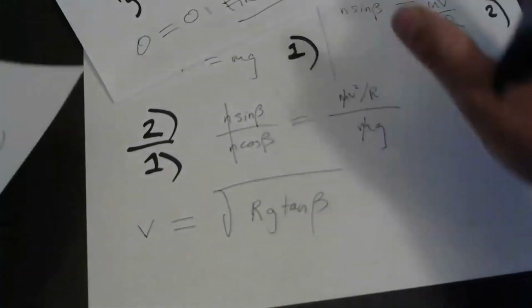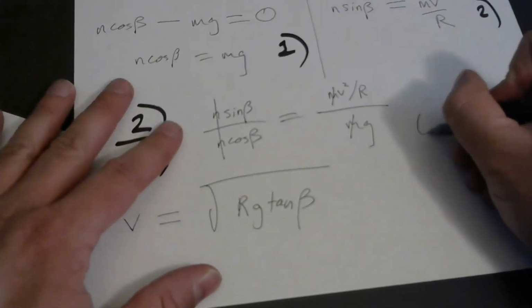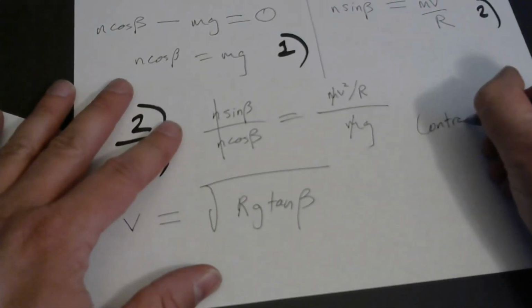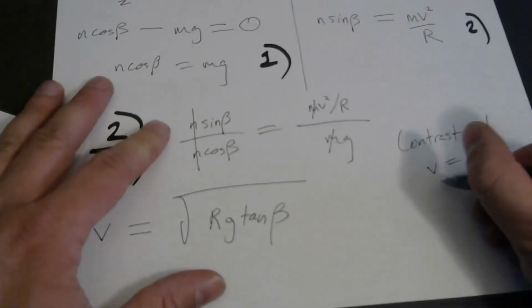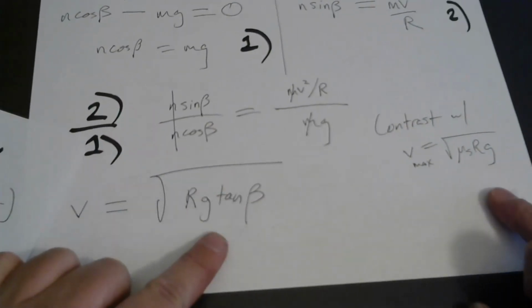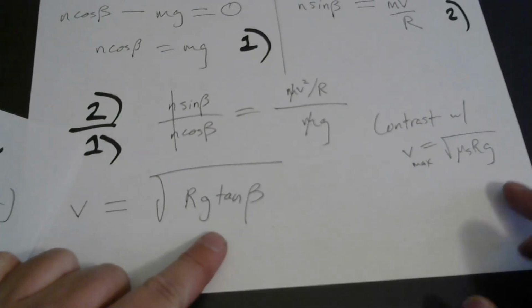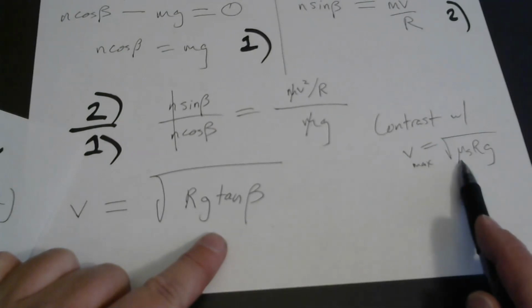And before I do that, can we compare that with, I already threw that paper away, but contrast that with the speed for a flat roadway, the max speed. It was root mu rg. Different formulas. They look similar though, which is worth noting. They both have a root rg. Difference is this depends on friction.